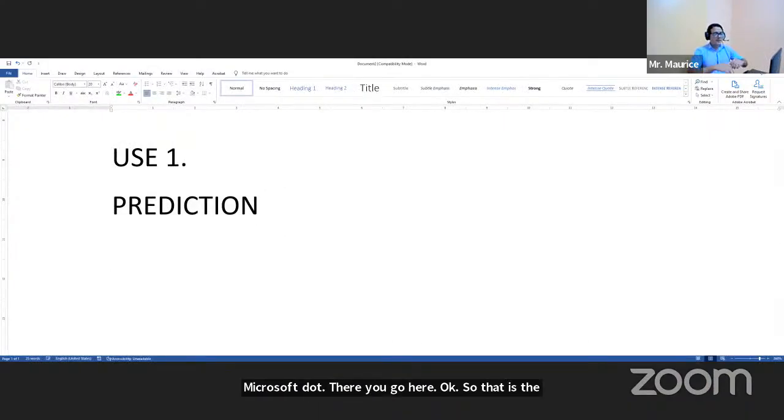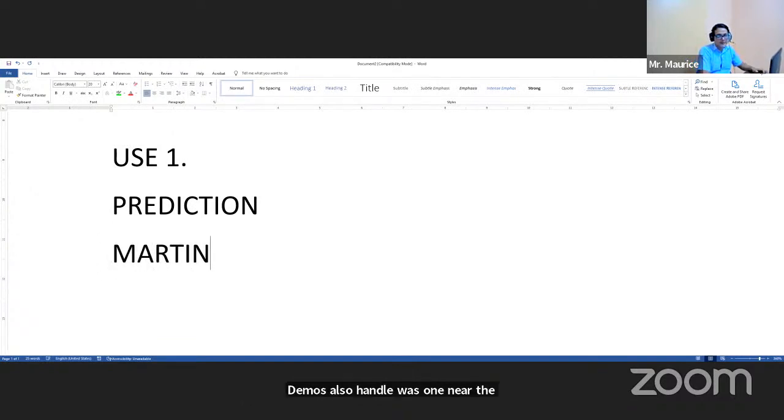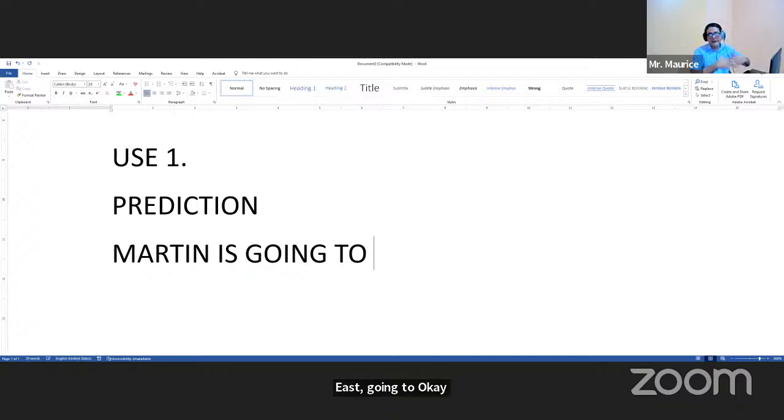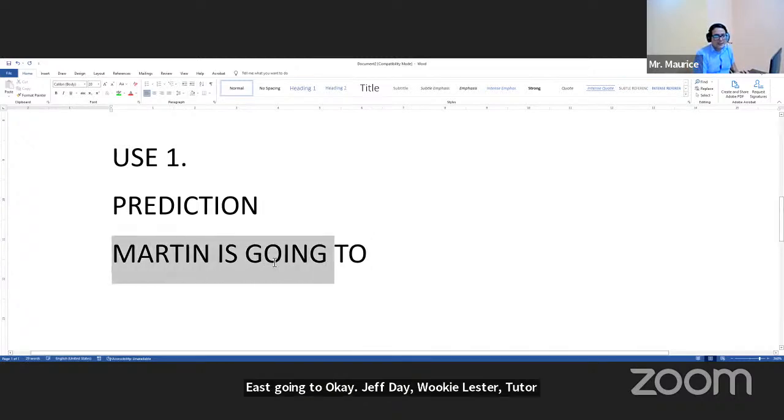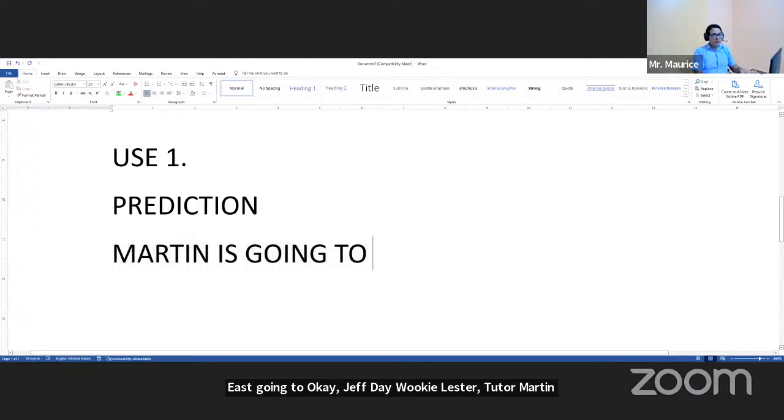En las predicciones, recordemos, un sujeto. Vamos poniendo al conductor, poniéndole el nombre de Martin. Is going to. Okay, ya tengo aquí la estructura. Martin is going to. Después del going to yo voy a necesitar un verbo. Sí, necesitamos aprender verbos otra vez.